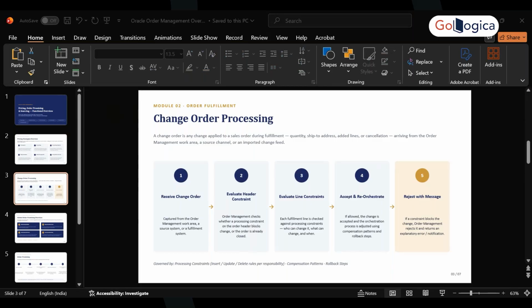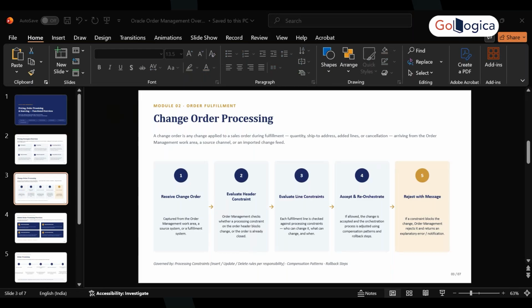So during this step, what does Oracle check? Oracle checks which field is being modified, whether that field can be updated, which user is requesting the change, and whether the fulfillment process has processed beyond the allowed stage or not. For example, changing the ordered quantity before the reservation may be permitted, or changing the quantity after shipment has been confirmed is generally not allowed.